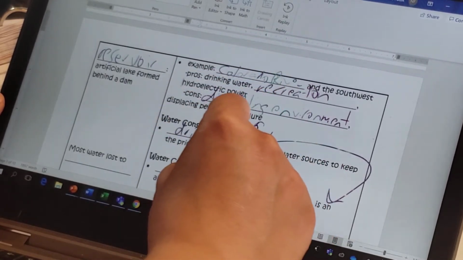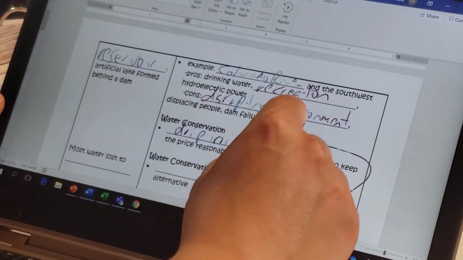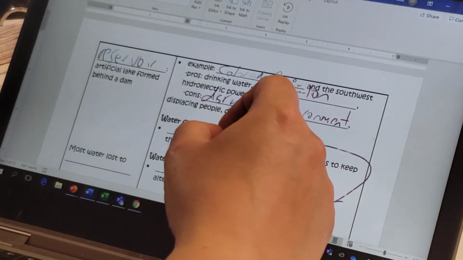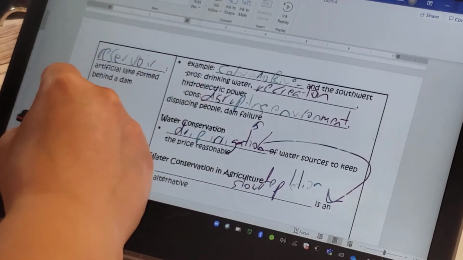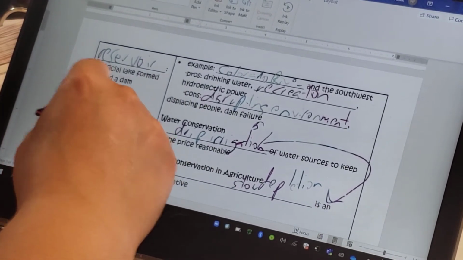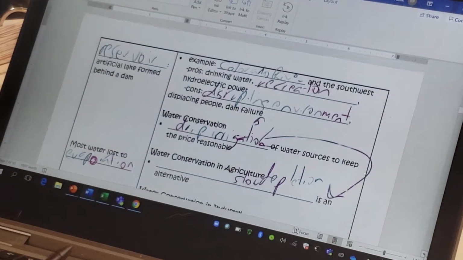Okay, I'm gonna write it here. Sorry. Slow depletion of water source to keep the price reasonable. I'm so sorry. All right, most water lost to evaporation. Evaporation. I'm sorry, I made a boo-boo.